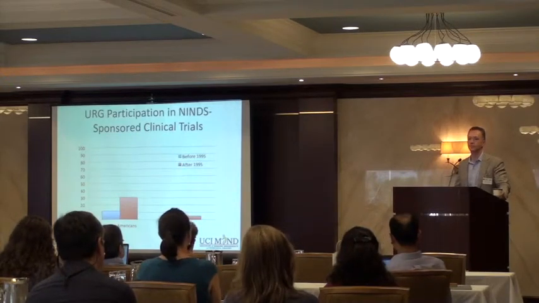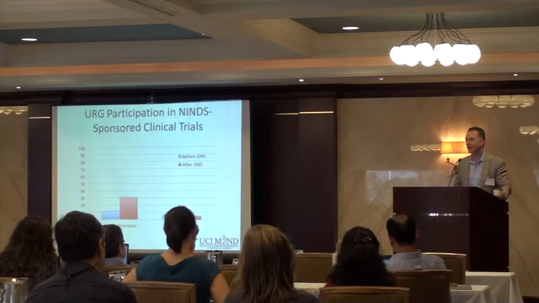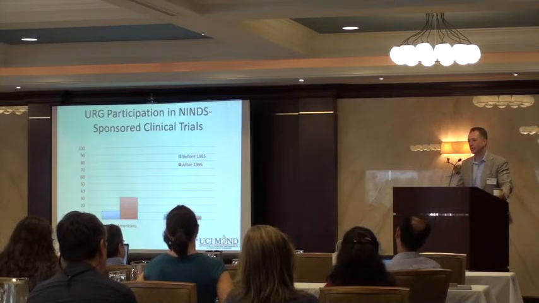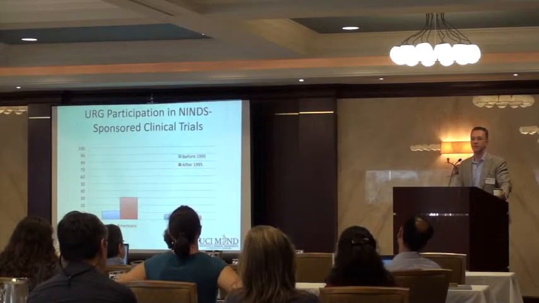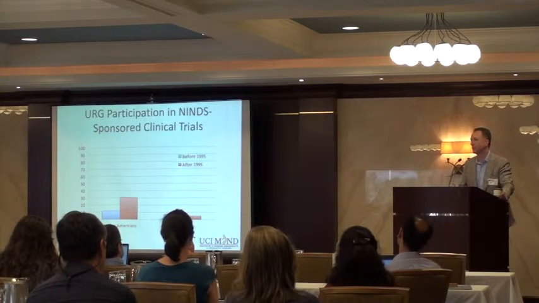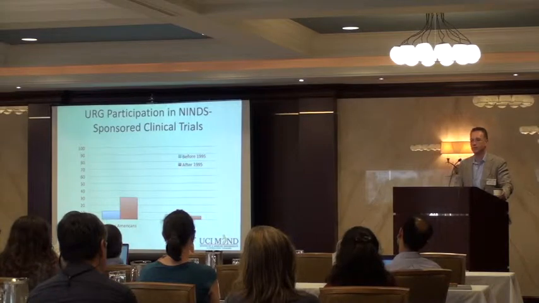NIH-supported trials have about 10% non-Caucasian participation rates, and in industry-supported trials, that number goes down to 3%. And that's in a condition where Latinos are 1.5 times the risk for Alzheimer's disease, and African Americans are double the risk for Alzheimer's disease relative to Caucasians.